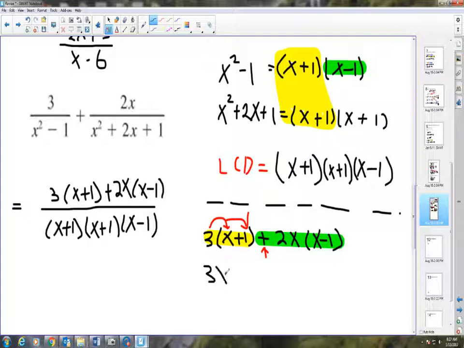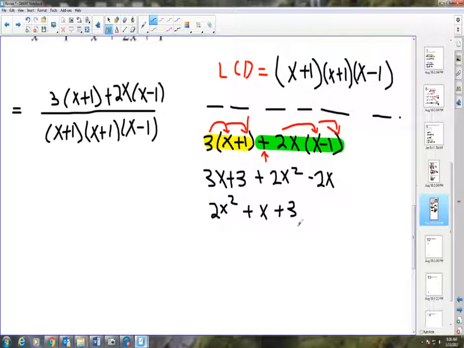That will give me 3x plus 3. My second term, do a distribution. 2x times x, 2x squared. 2x times -1, -2x. Combine like terms, I get 2x squared plus x plus 3.